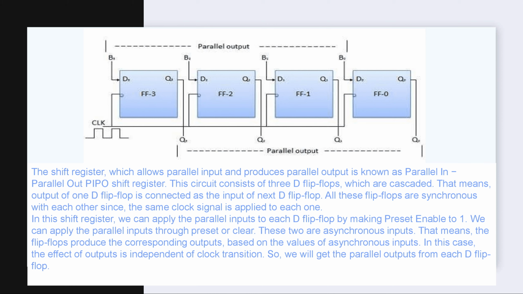We can apply the parallel inputs through preset or clear. These two are asynchronous inputs. That means the flip-flops produce the corresponding outputs based on the values of asynchronous inputs. In this case, the effect on outputs is independent of clock transition. So, we will get the parallel outputs from each D flip-flop. Thank you.